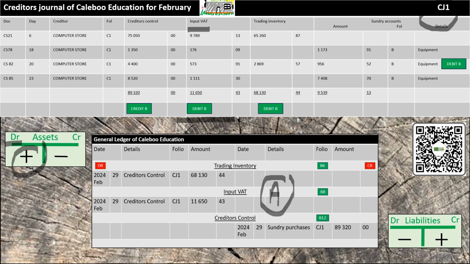So we get the date, 2024, February the 29th, 29 days in 2024. Creditors control is the contra account. It appears under details. Where did we get the information from? Creditors Journal number 1 above.